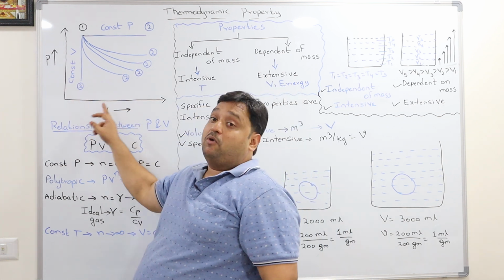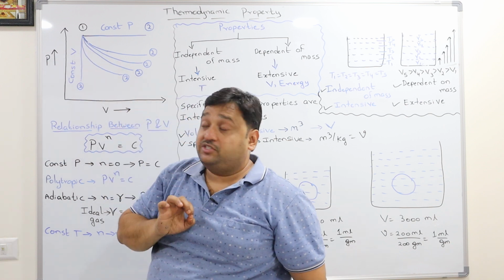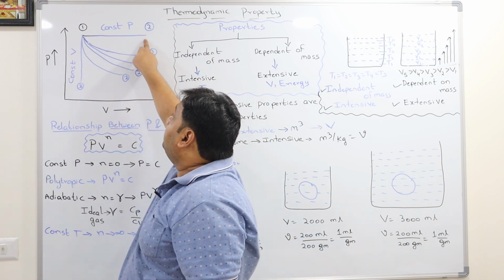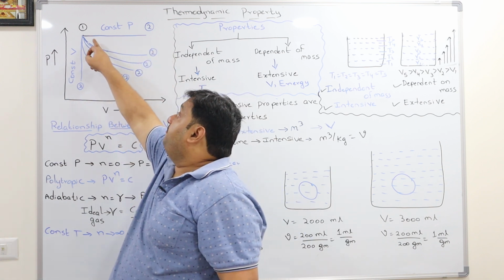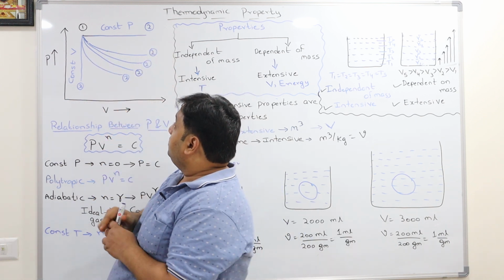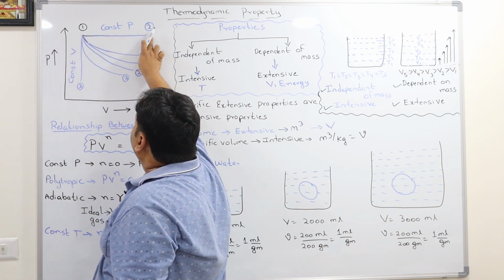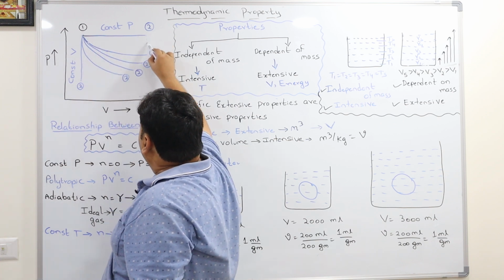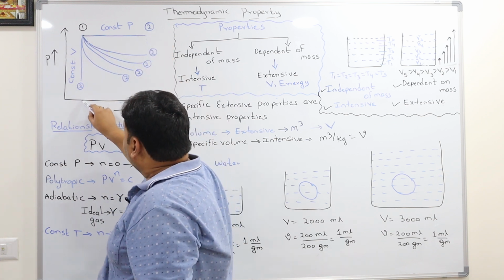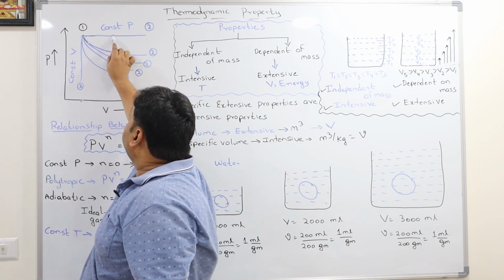If you see the PV plot, identifying the process means identifying this line. If it is a constant pressure process, you can see the pressure is not changing here, only the volume is. If you drop a line from a constant pressure line, you can see the volume is changing from here to here, whereas the pressure is not changing.